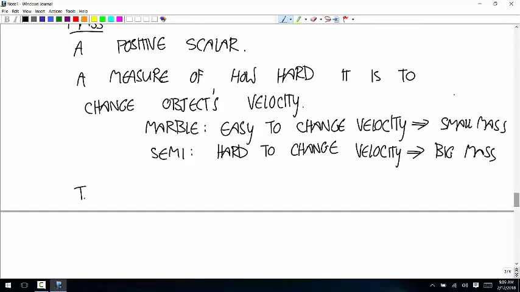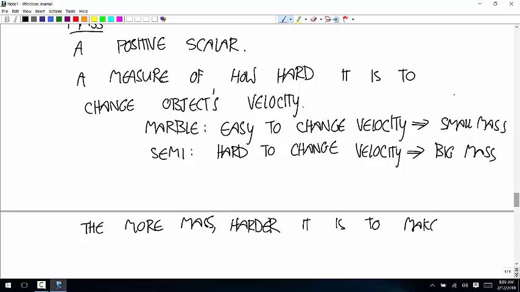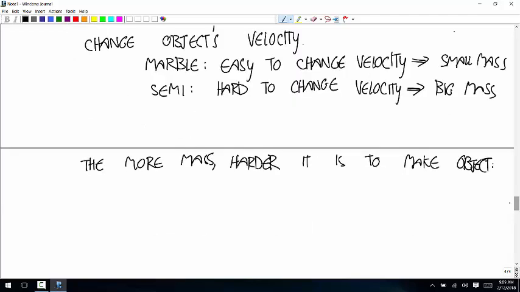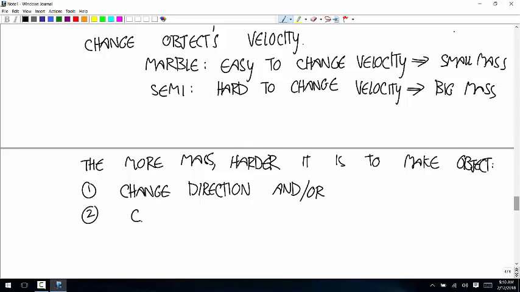So the more mass an object has, the harder it is to make the object change directions, and or change speed.